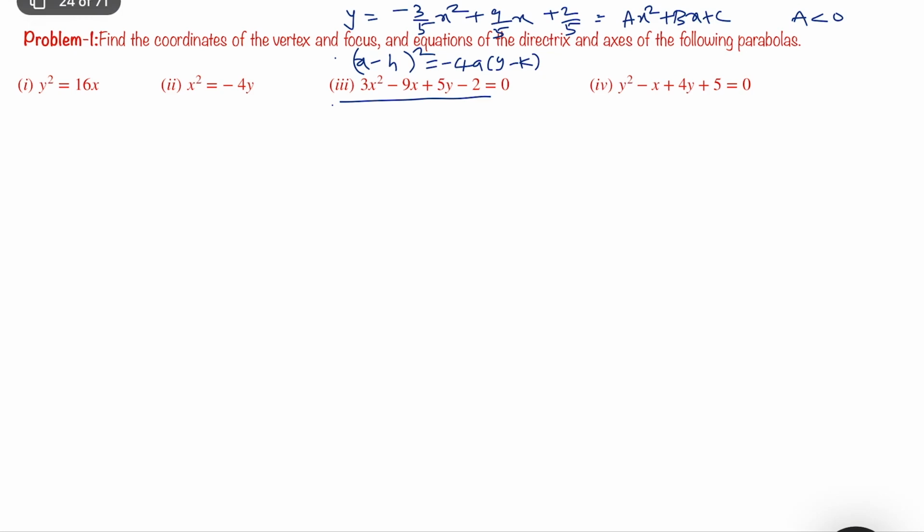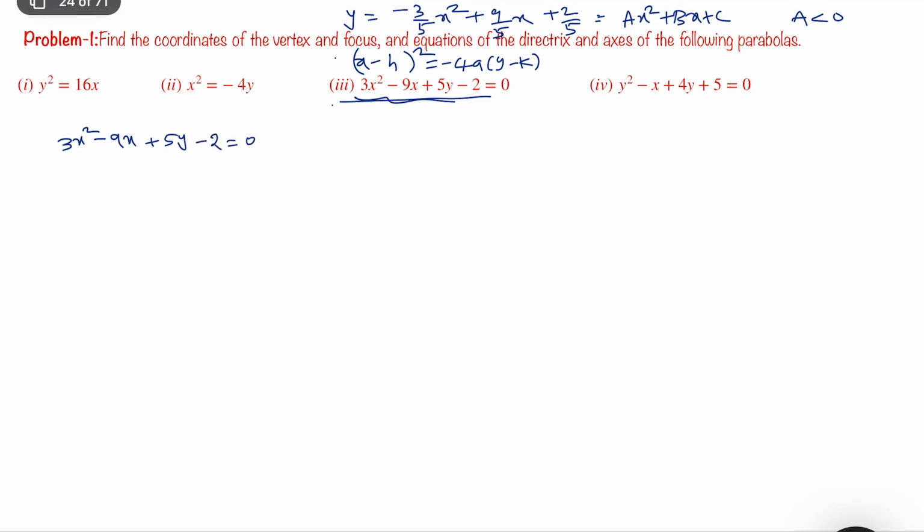So we want to be able to write this equation in this form: x minus h whole square equal to minus 4a times y minus k. So whatever the choice of h, k, a. Okay, so let me write down 3x square minus 9x plus 5y minus 2 equal to 0.